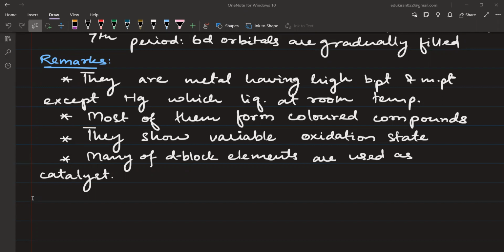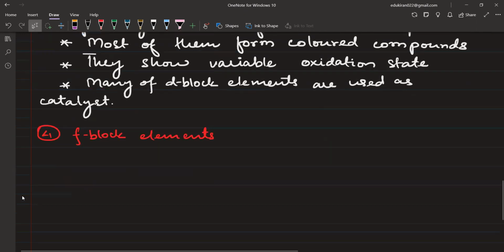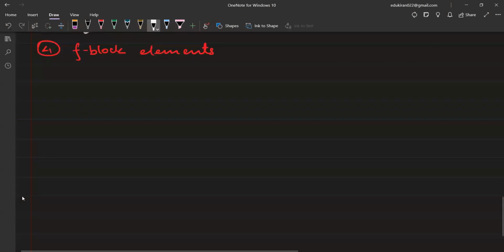Okay. Many of the D block elements are used as catalyst. Right, next. F block elements. Fourth part. F block elements. Right here.